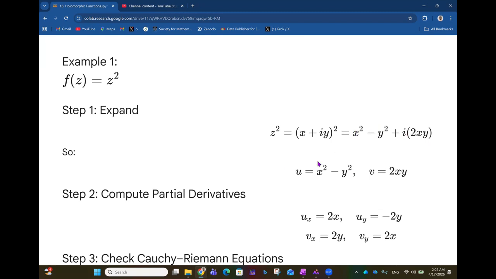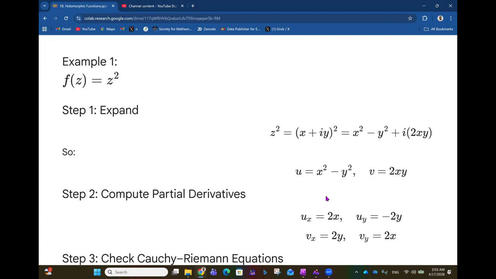So the real part is u equals x squared minus y squared, the one without i, and the one with i is v, which is 2xy. The next thing is to compute partial derivatives. u sub x, which is partial u partial x, is 2x; u sub y is minus 2y; v sub x, partial v partial x, is 2y; and v sub y, partial v partial y, is 2x.